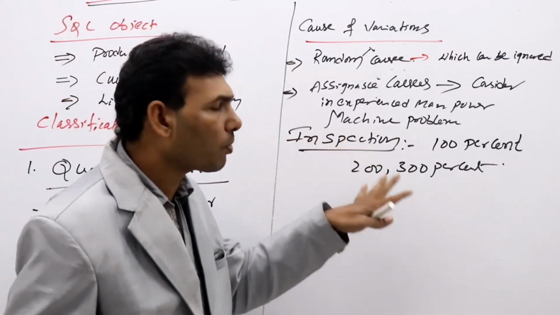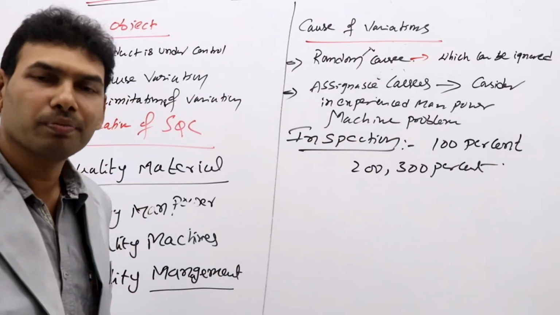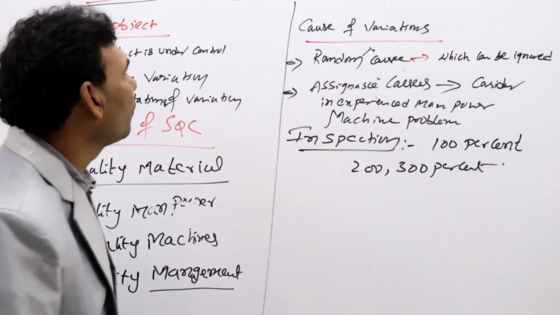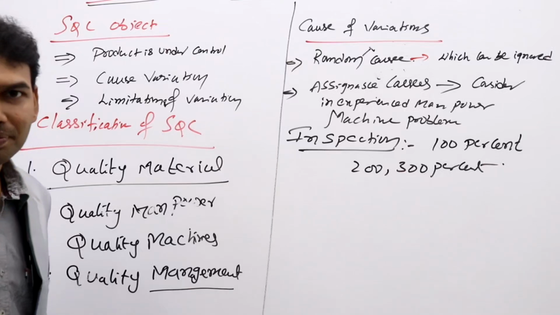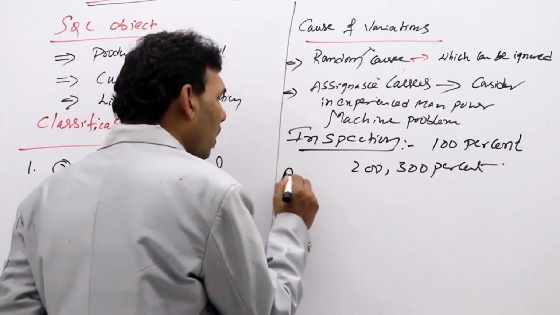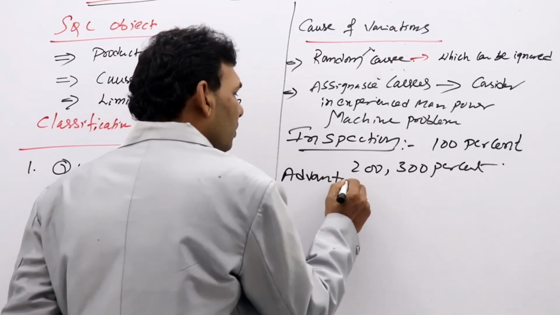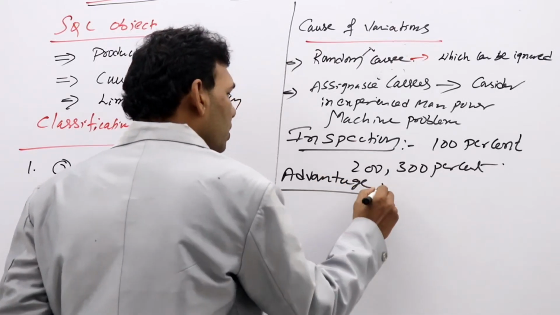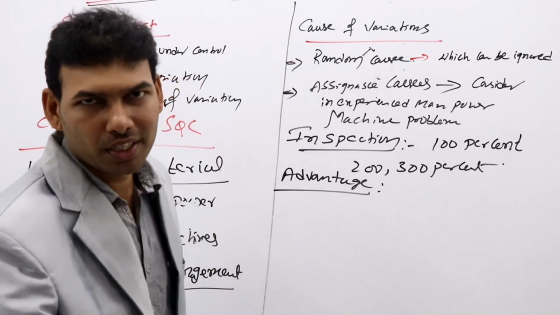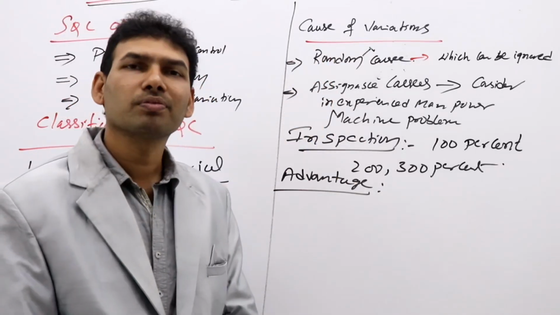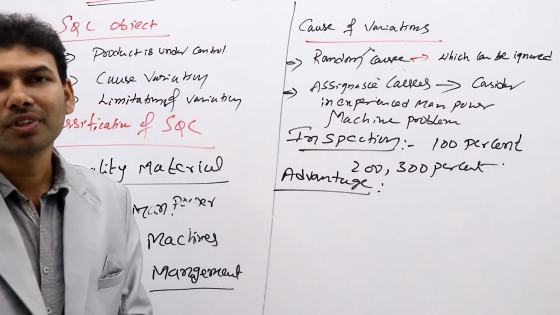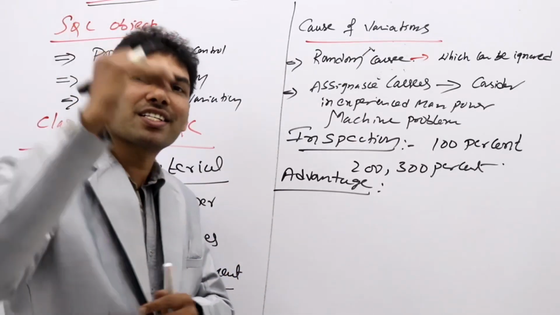So this inspection process should be done carefully, correctly, accurately. Then you will get a quality product. If you do this process, what are the advantages? Advantages of SQC: the people will believe the product is good. You can set future standards.